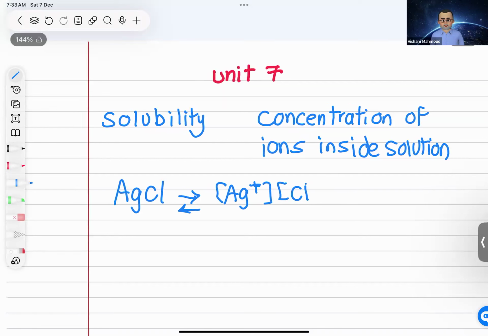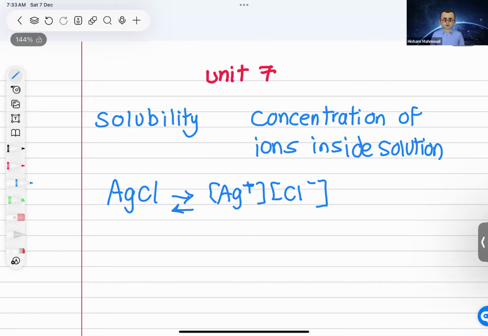The maximum amount of the silver or chloride ions that can dissolve in a certain amount of water at a certain temperature, this is the solubility.